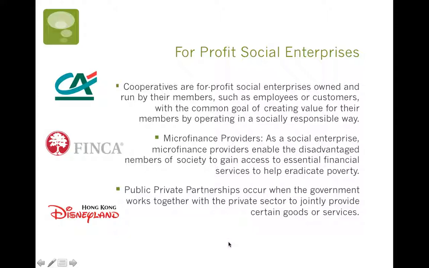It benefited the local community within jobs and investment, and it benefited the company, Disney, from the expansion into a new market. There's various examples of public-private partnerships, for example, the building of the London Olympic Stadium, the Sydney Harbour Bridge, all are examples of where the public and private sectors have worked together.